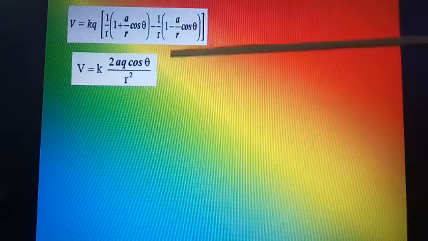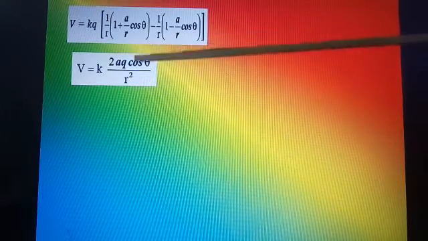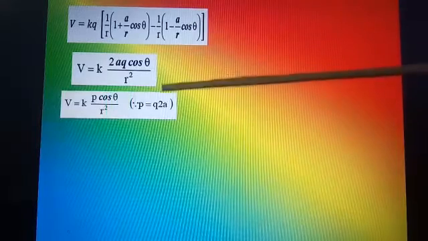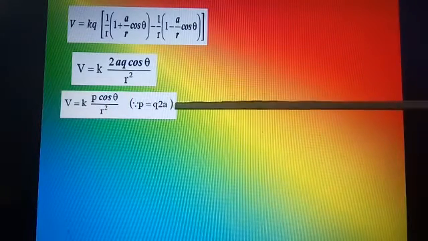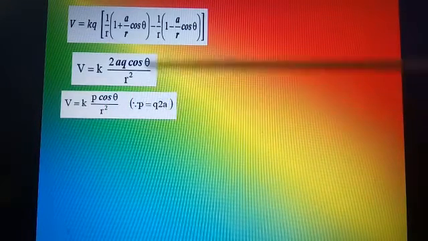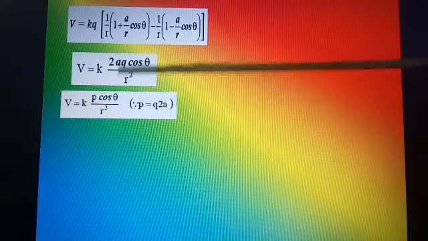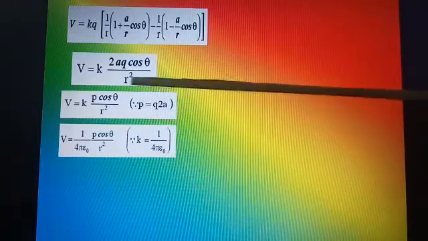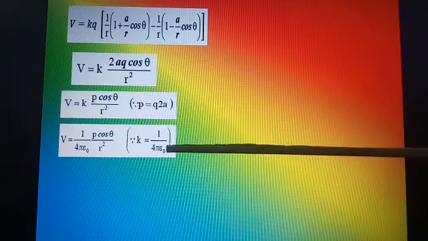The remaining is V is equal to K 2aQ cos theta by r square. Here the p value is Q into 2a, so you can substitute this p value, K p cos theta by r square, and we can get the value of k, that is 1 by 4 pi epsilon naught.